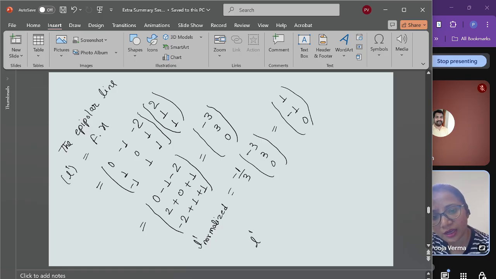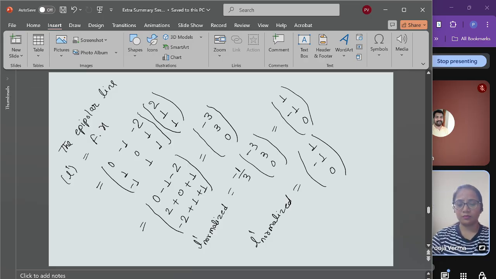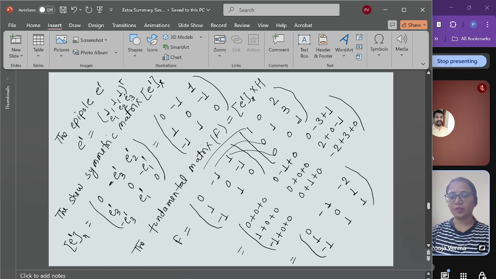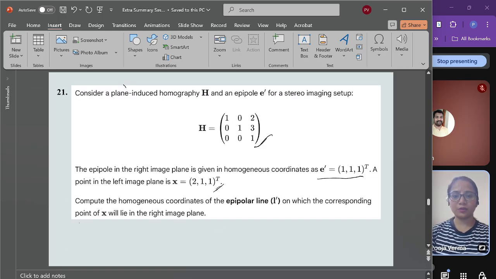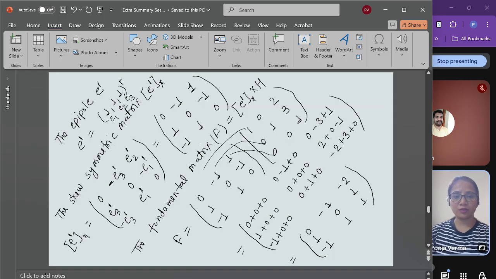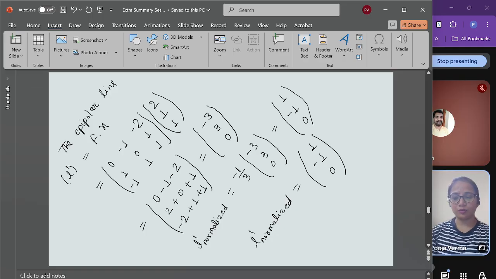So L dash normalized value is 1, minus 1, 0. So compute the homogeneous coordinates of the epipolar line L dash, which corresponds to the point x in the left image plane and lies in the right image plane. Okay, so this is the value.